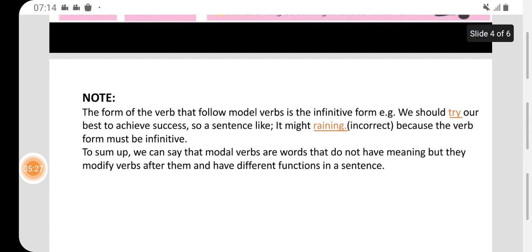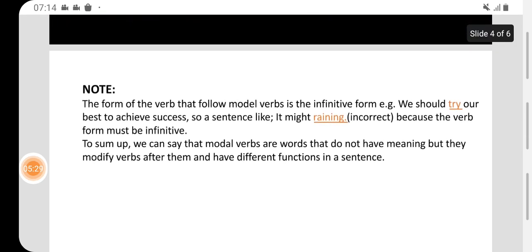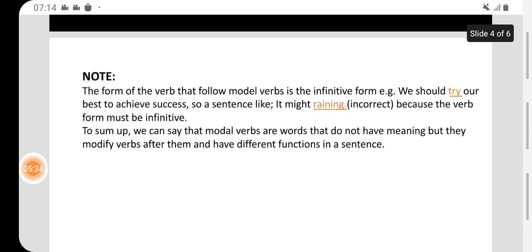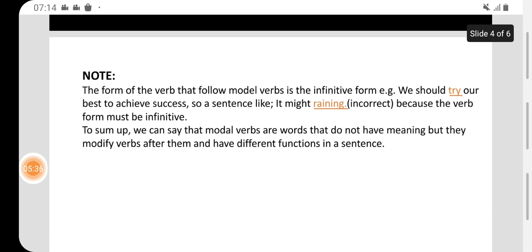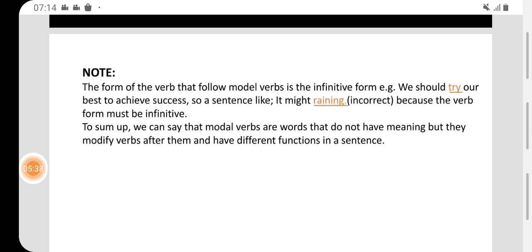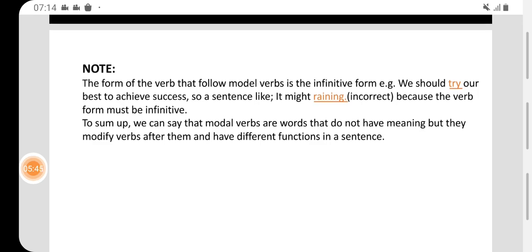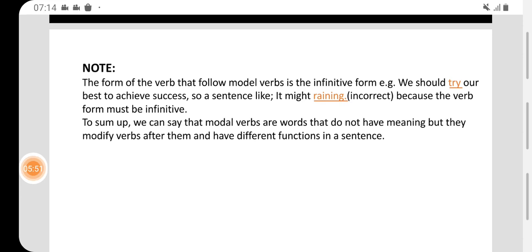There's an important note here we need to have a look at. The form of the verb that follows modal verbs is the infinitive form. Example sentence, we should try our best to achieve success. So a sentence like, it might raining is incorrect. Why? Because the verb form must be infinitive, and it is not infinitive in this case.